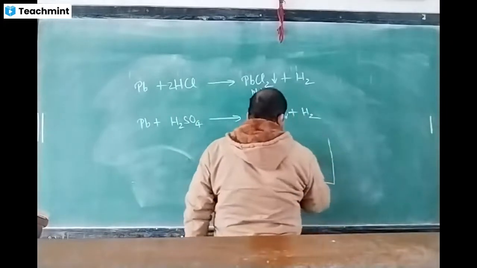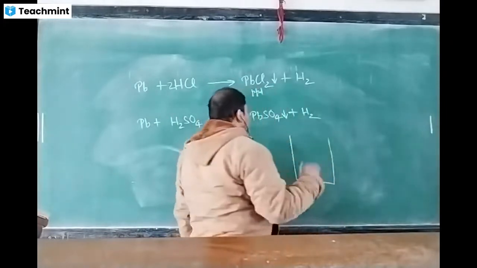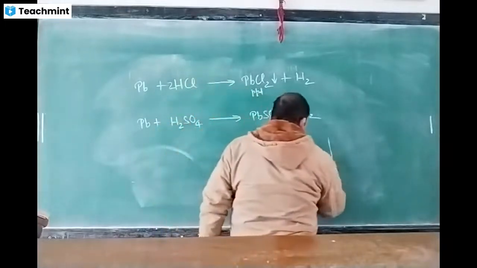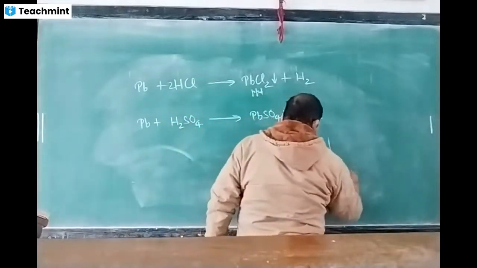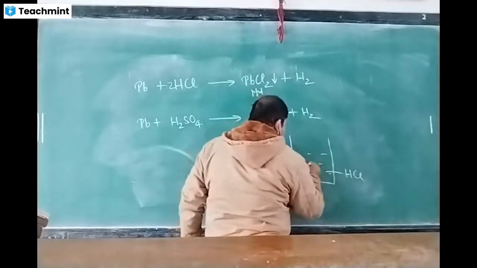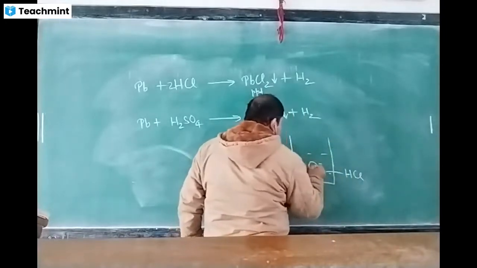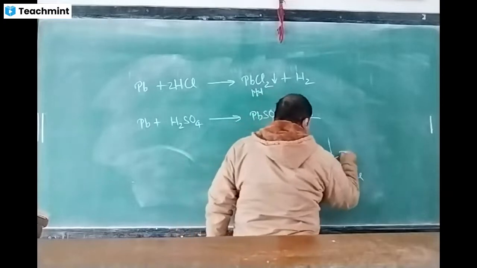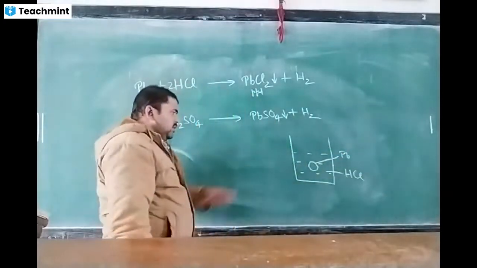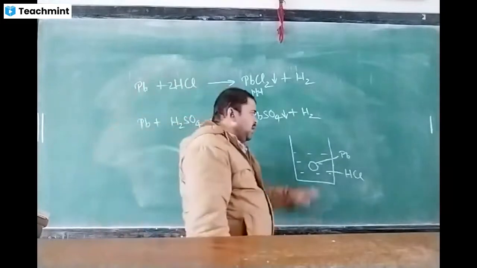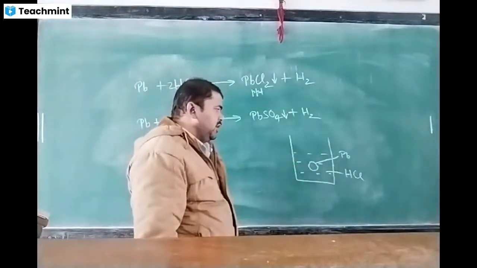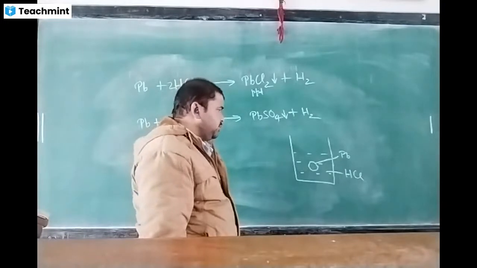So if we take this experiment with HCl or H2SO4, suppose you take HCl, and we put in one piece of lead for the reaction. In the beginning, the lead reacts with the HCl and we get PbCl2, an insoluble solid material, plus hydrogen gas.